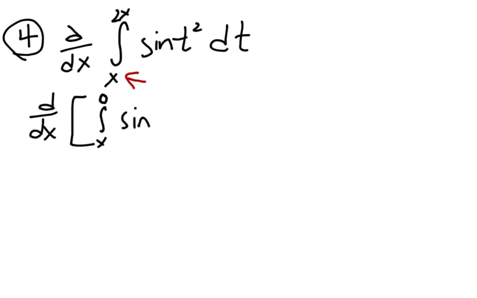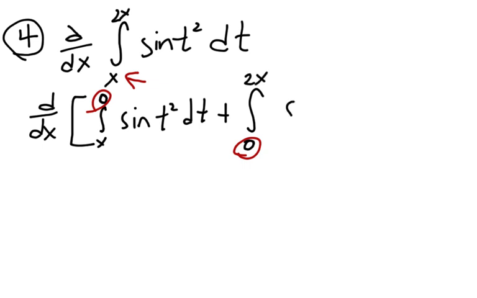Of this function, sine of t squared dt plus, now if you'll remember, the next one's going to start at 0, so these are going to match each other, and go to 2x of the sine t squared dt. If you can't remember that property, you may want to review that from the other day.